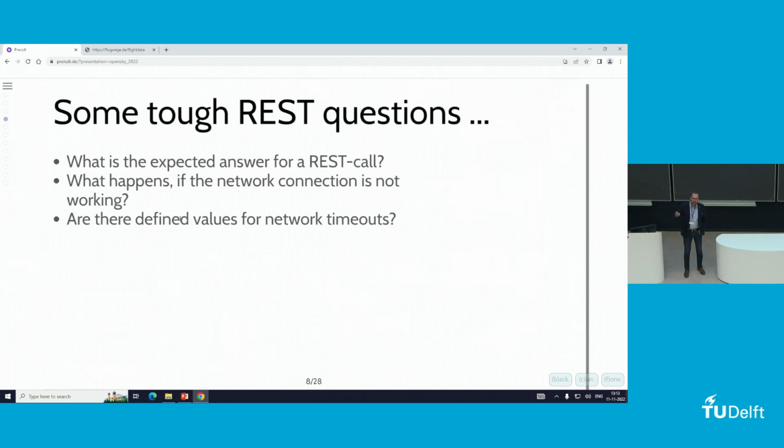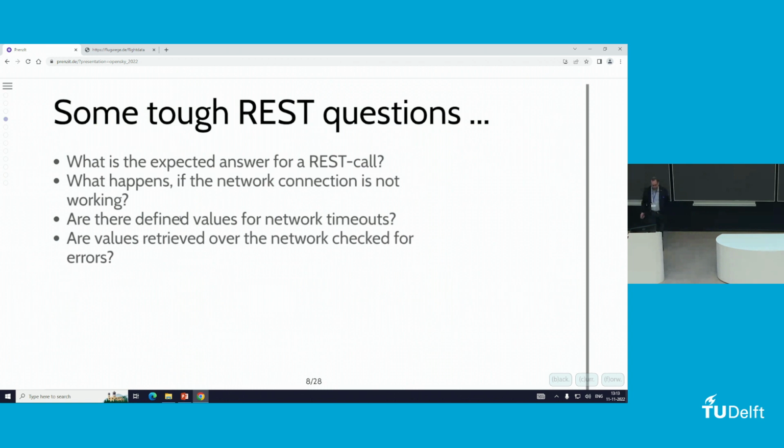And that's one thing that you learn when you write testable software, that you have to answer these stupid questions. Because if you don't answer them, you just say, well, my network is always available and there are no timeout problems, then your software is not going to work in difficult conditions. But it has to work. So you have to answer these questions. The same thing, are values retrieved over the network checked for errors?